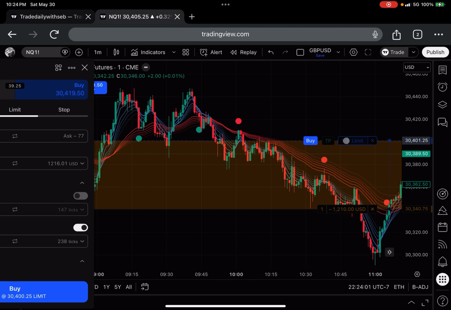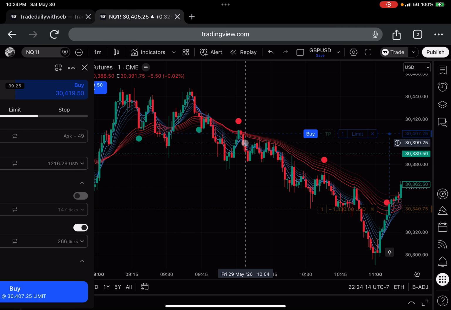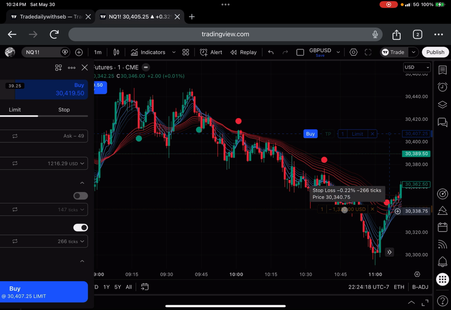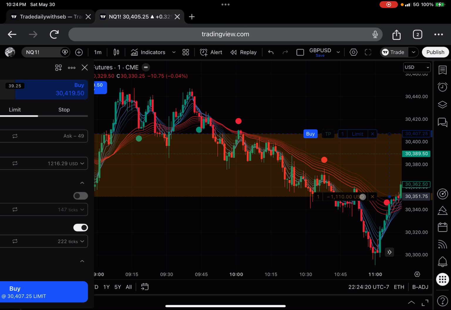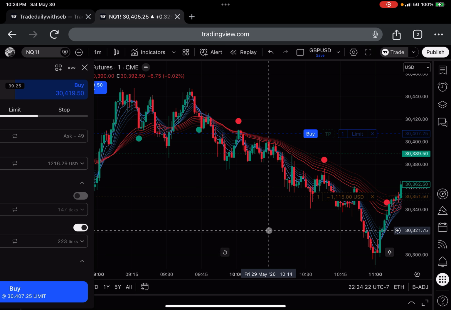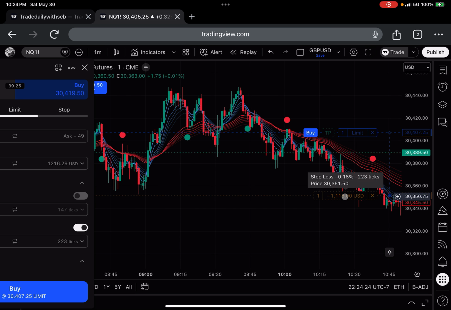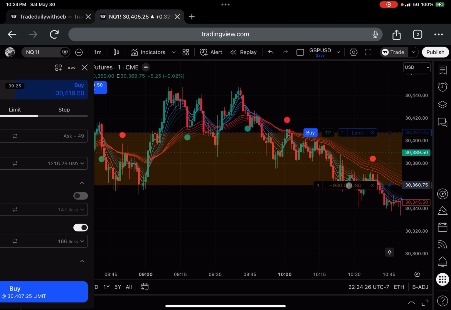So if you took your trade right here, or even right there, kind of waited for a tap into that ribbon, that EMA ribbon, and you take your trade and you're like, okay, well, what do I want to target? Look further back, and you take it about right there.